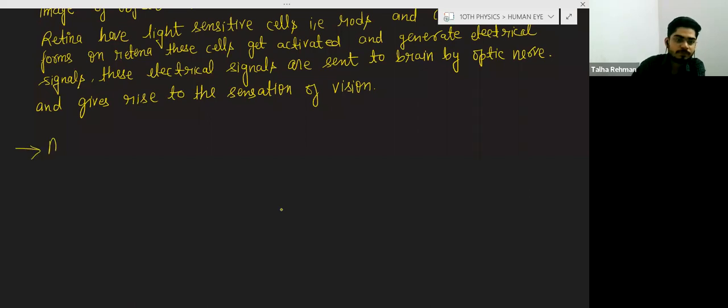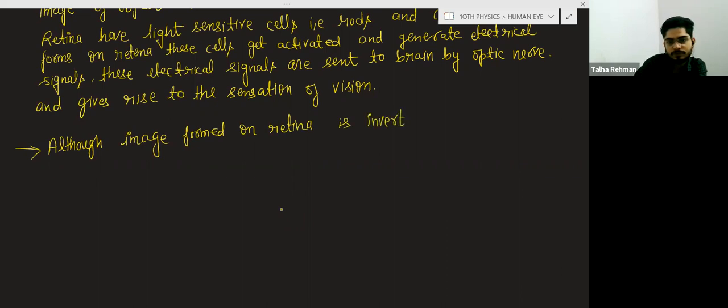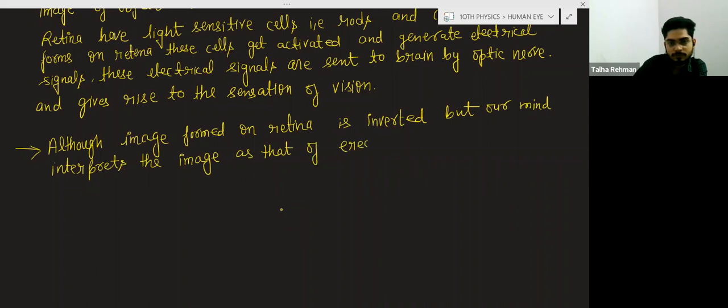One more point here. Although the image formed on the retina is inverted, our mind interprets the image as that of an erect object.